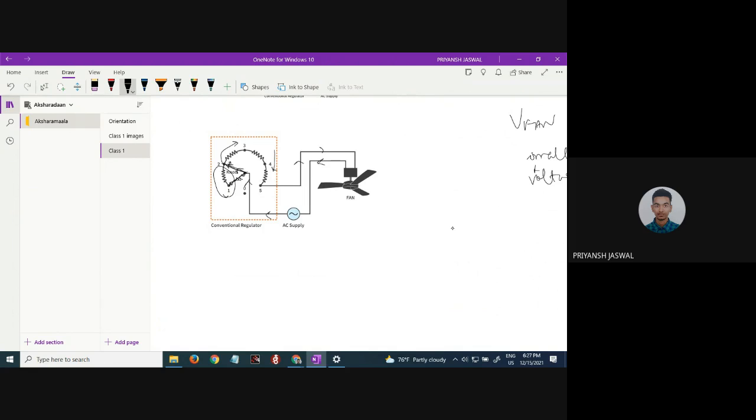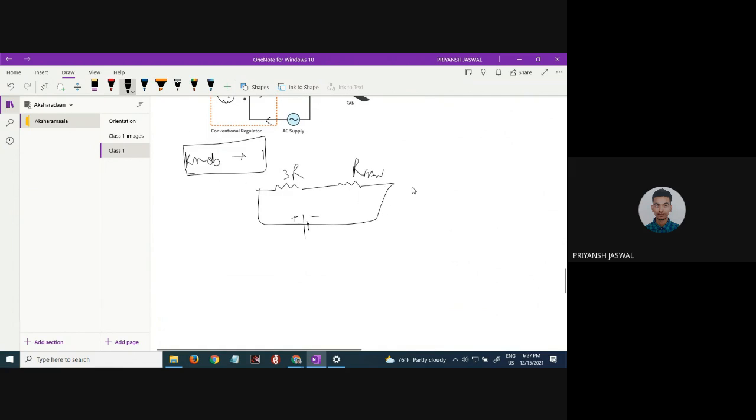This time the difference is that when the regulator knob is at 1, there are only 3 resistances. So the resistance will be 3R and the resistance of the fan, with the same power supply, DC for the time being.